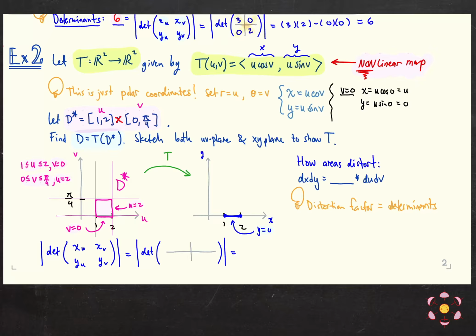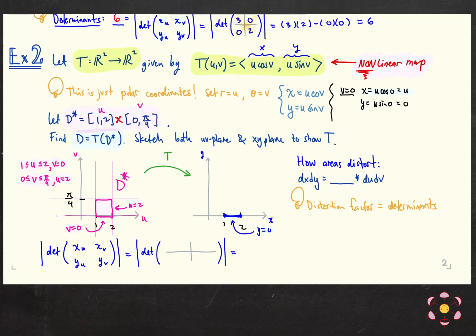I really want to emphasize, I'm looking at both the u values, but u is equal to x. That's why I'm plotting 1 to 2 along the x-axis, but for the specific values where y is equal to 0. Cool. All right, what's next?